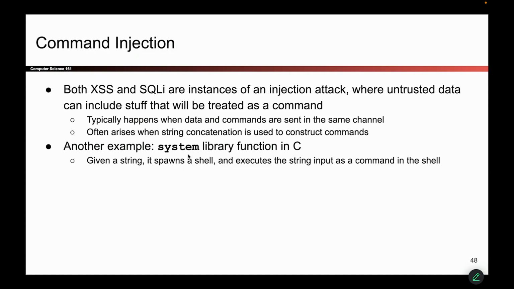What system does is it takes the user's string input, the one argument that you pass into system, it opens a terminal, like a shell, and then it runs that command in the shell. So if you call system on a user-controlled input, then whatever the user inputs gets executed in the terminal. So it's yet another case where untrusted data is run as a terminal command. There are lots of different examples of this in different languages. XSS, SQL injection, and the system function are just 3 of them.